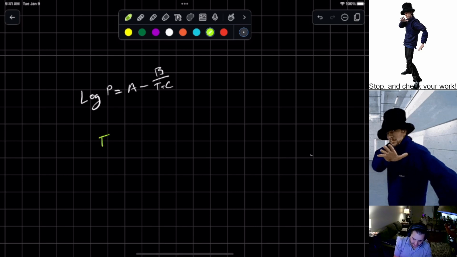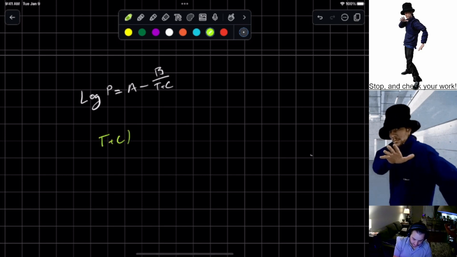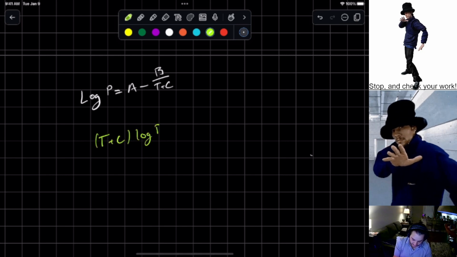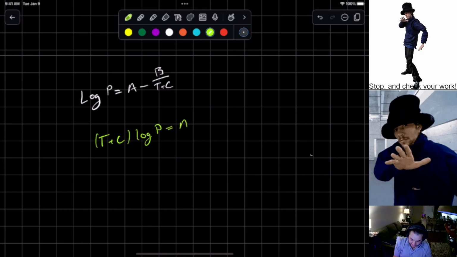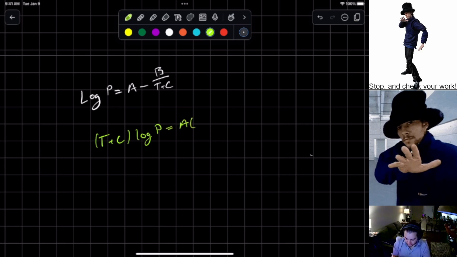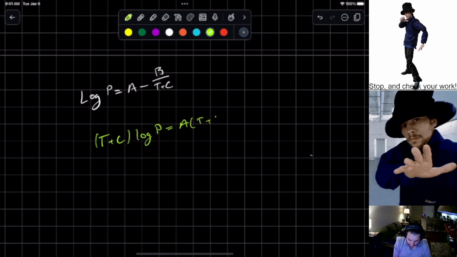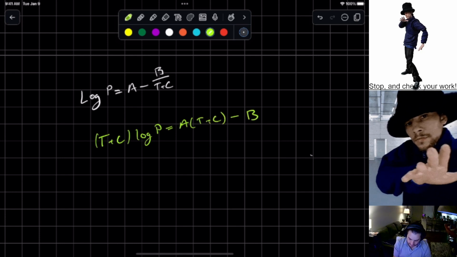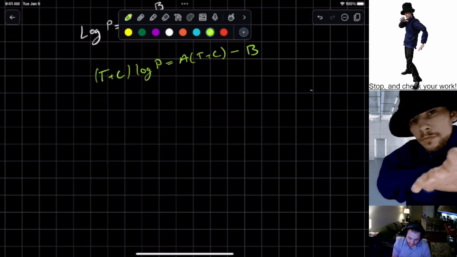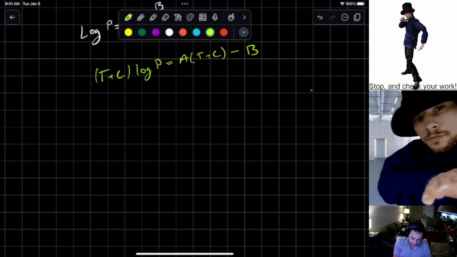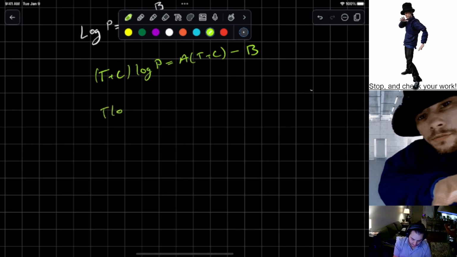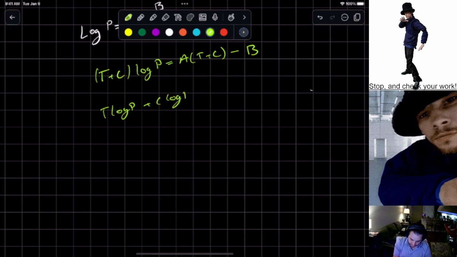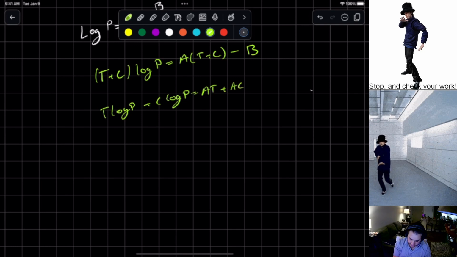We can get T plus C over on one side, multiplied by log P, is equal to A times (T plus C), minus B. So let's expand it out correctly: T log P plus C log P is equal to AT plus AC minus B.